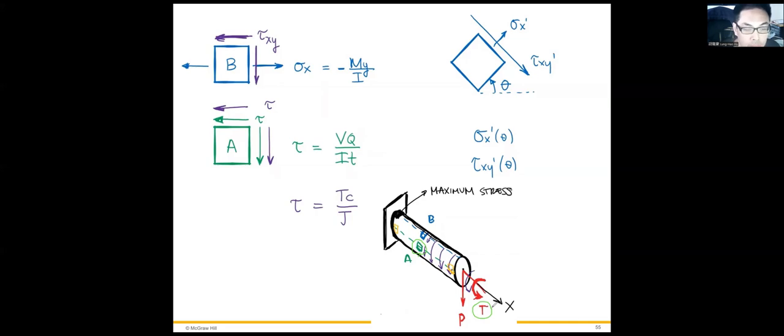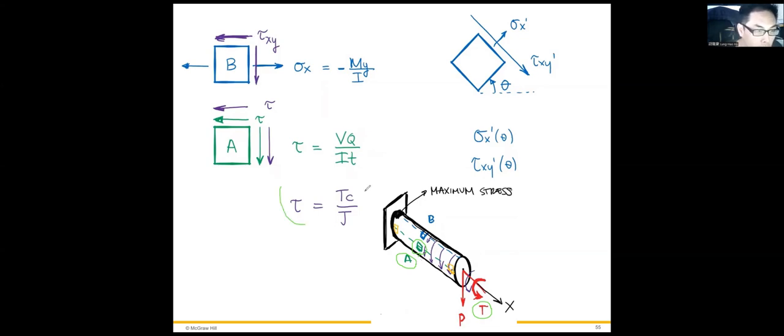If you still remember, for torsion the maximum shear occurs at the surface of a solid rod. So at point A, it should have shear stress due to the torsion, right?